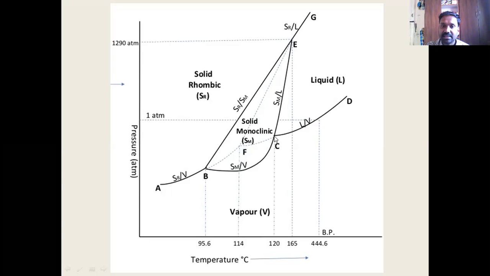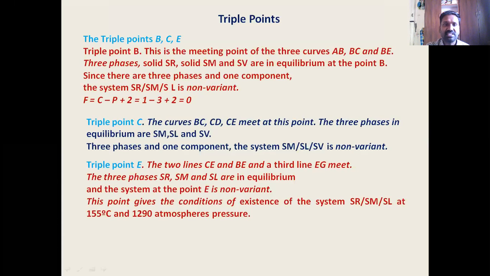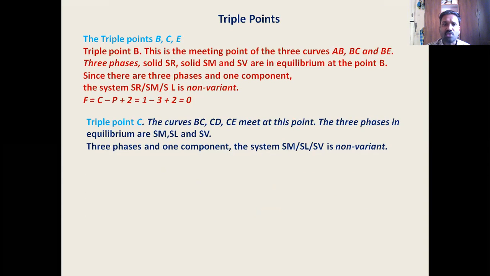At C, again a triple point. Which are the phases in equilibrium? Monoclinic sulfur, liquid sulfur, vapor sulfur. So there are 3 triple points for the sulfur system, B, C, and E. And as always, like in water, a triple point is non-variant.